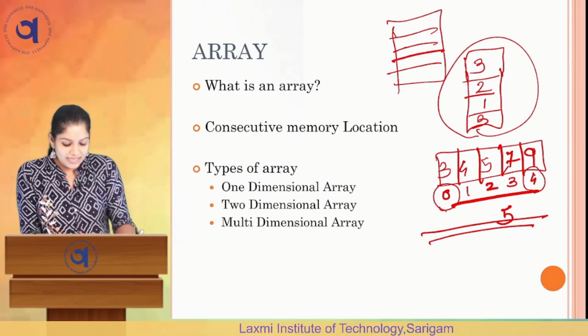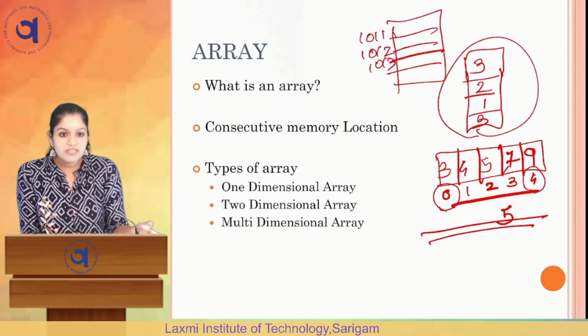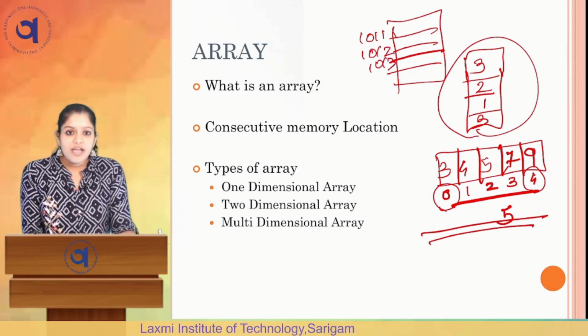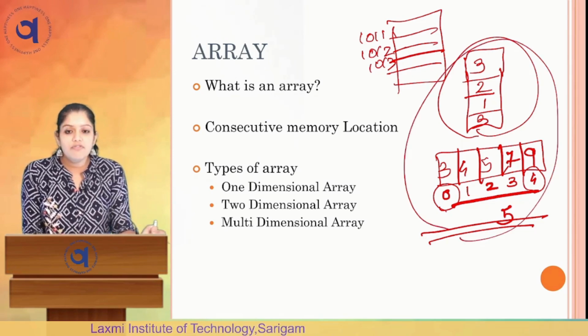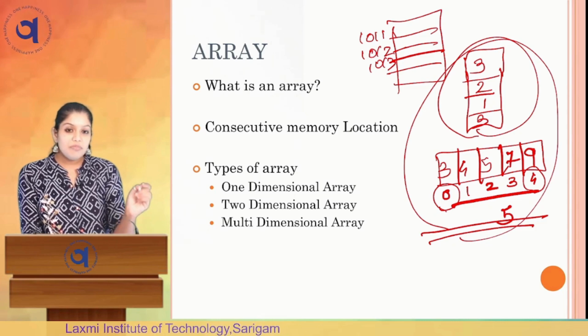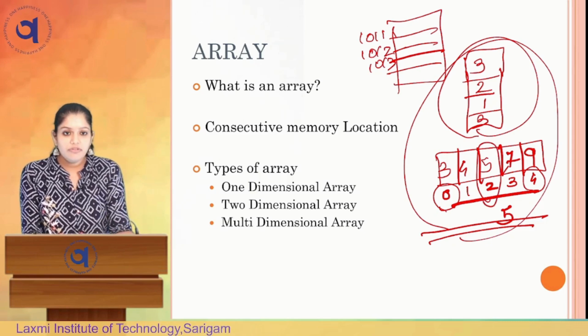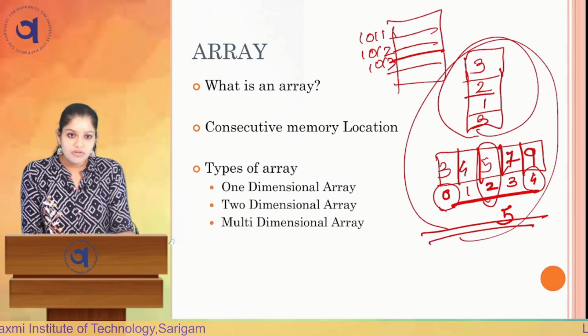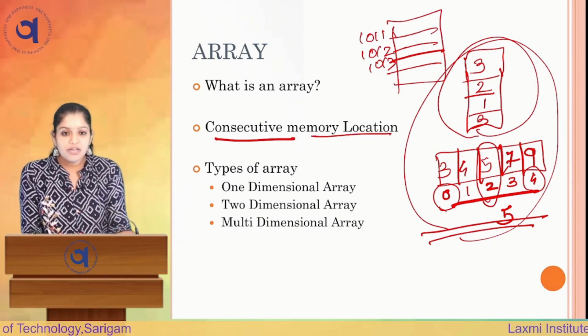Let us say we have locations 1011, 1012, 1013 and so on. At which location is this data going to be stored, and if I want to access the memory location of a particular index's data, let us say of this 5, how can we find it? That is what we are going to study today.